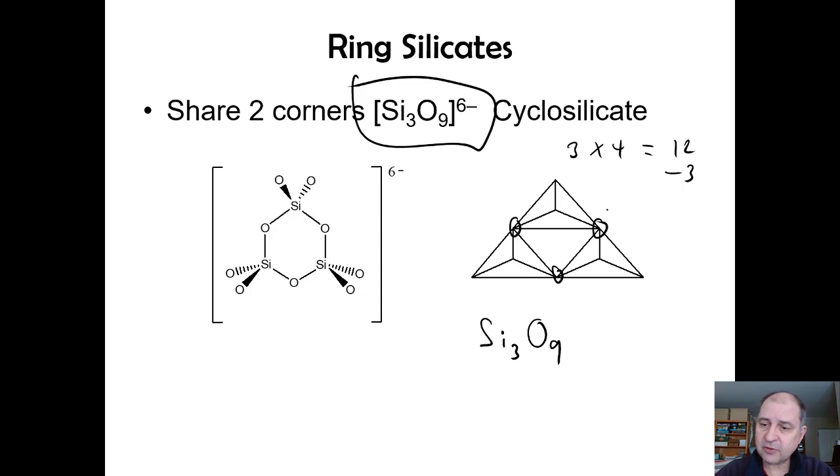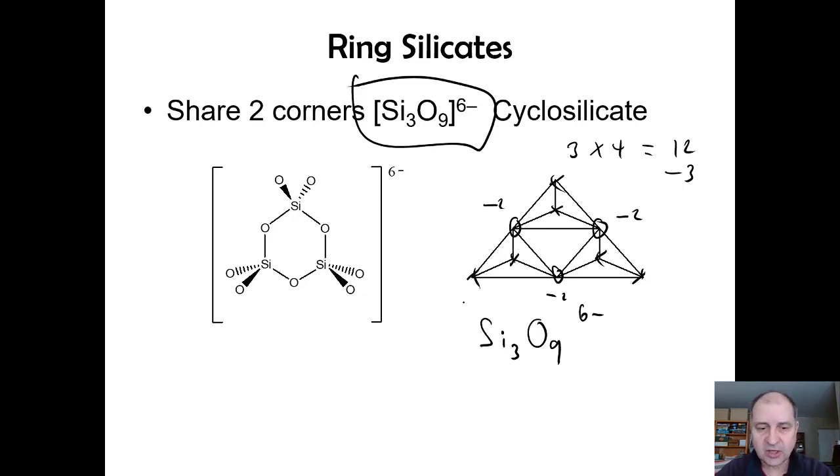And then for each connection you made, you have to take out 2 of the charges. So again, we would have a -12, but we take 6 out, so this is how we end up with the 6 minus charge here. Or again, you can just count 1, 2, 3, 4, 5, 6.